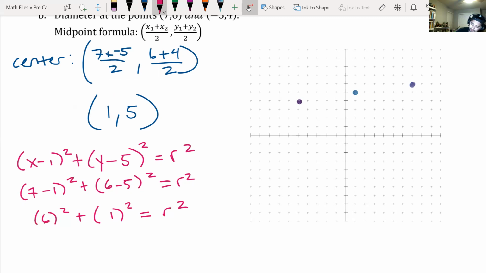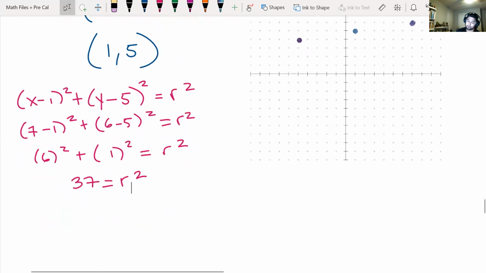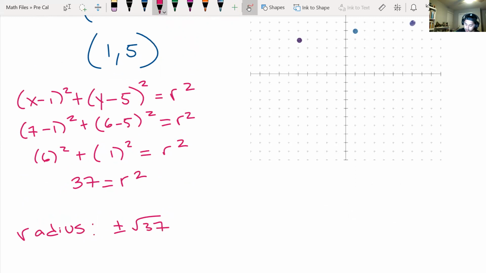And then you'll get 36 plus 1, 37, equals r squared. Then you square root both sides, and our radius is the square root of 37.